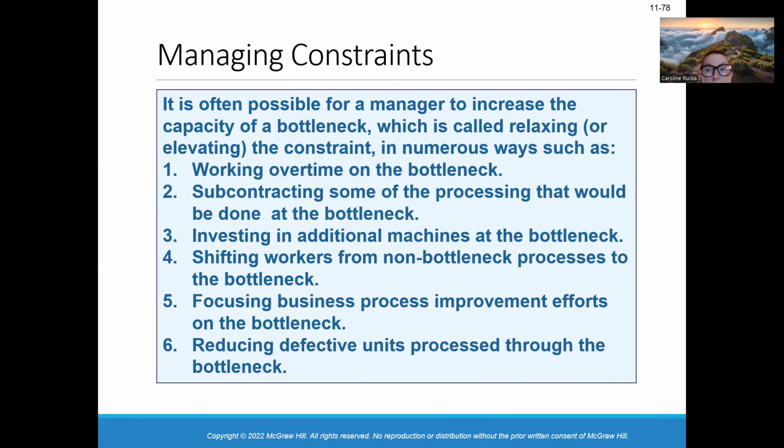You could focus on business improvements that make your operations more efficient and effective. You can reduce the number of defective units processed through the bottleneck, again making it more efficient.